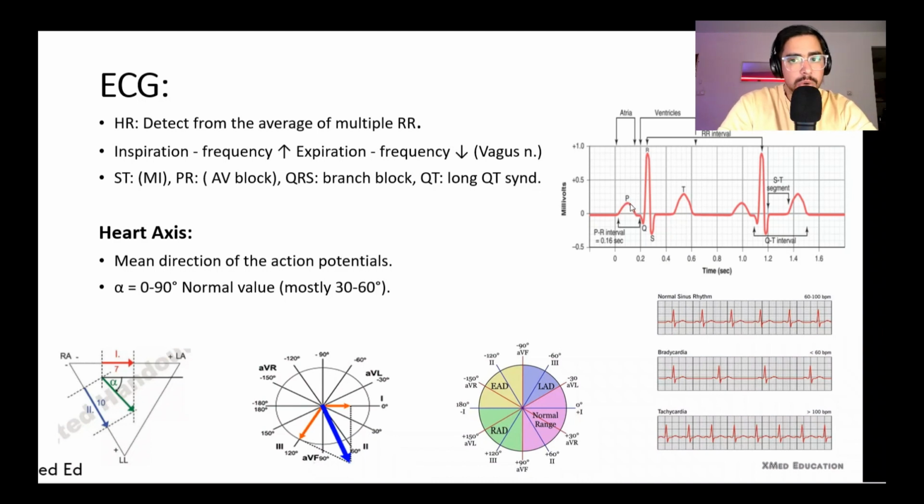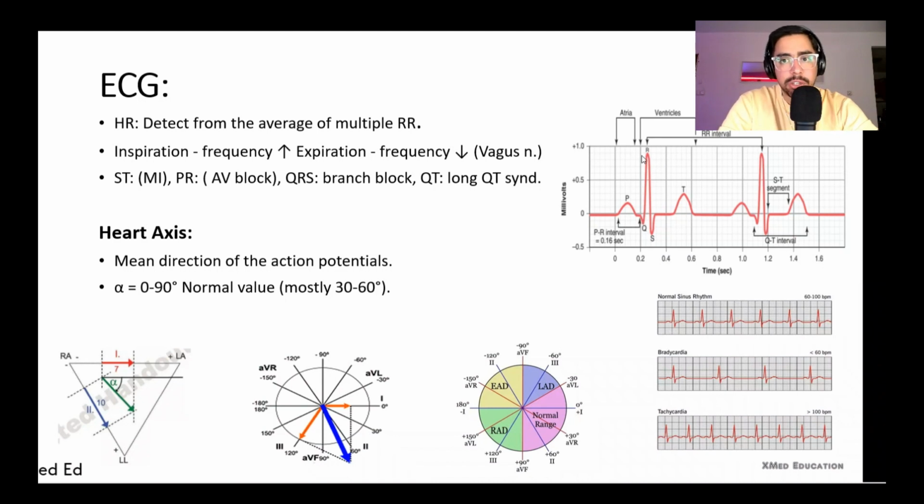The P wave shows the function of the atrium, the function of the contraction of the atrium, the function of the conduction of the atrium pulses. So from the P to R, we can see how fast this contraction is. We have some normal number, for example 0.16 second, that is between P to Q, and it shows the depolarization time of the atrium.